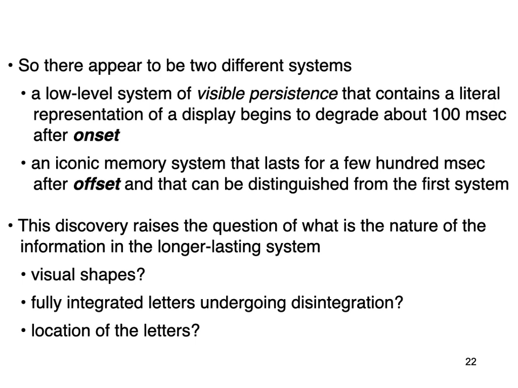So there are two different systems, a low-level system of visible persistence that contains a literal representation of a display. It begins to degrade about 100 milliseconds after the stimulus first appears, and then an iconic memory system that lasts for a few hundred milliseconds longer after you remove the display, and that can be distinguished from the first system.